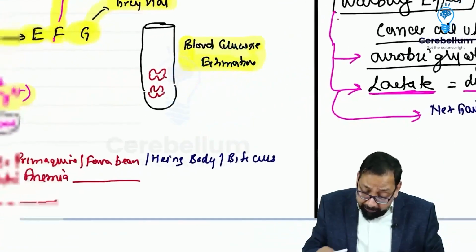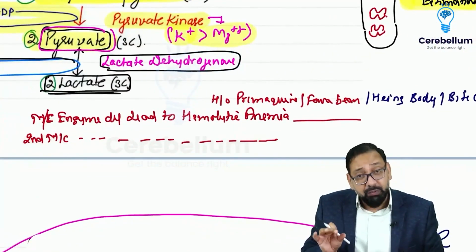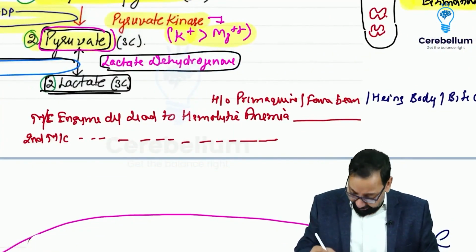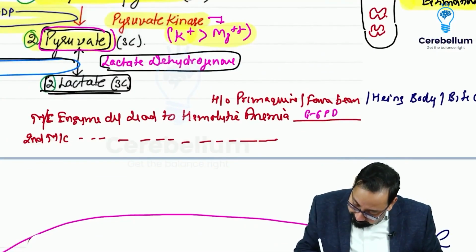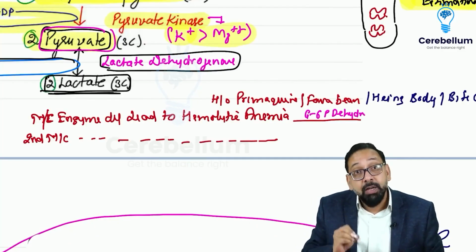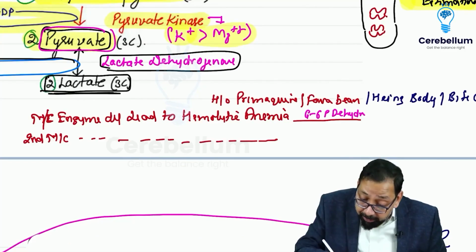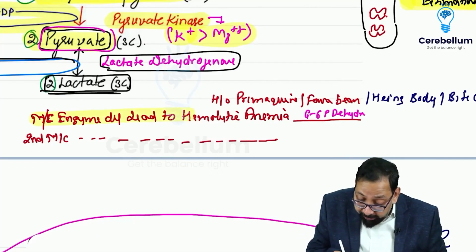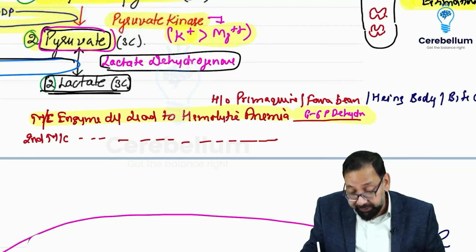We found that if glucose 6-phosphate dehydrogenase is deficient, this is a question of HMP shunt, but I will discuss it here: the most common enzyme deficiency leading to hemolytic anemia is G6PD deficiency.